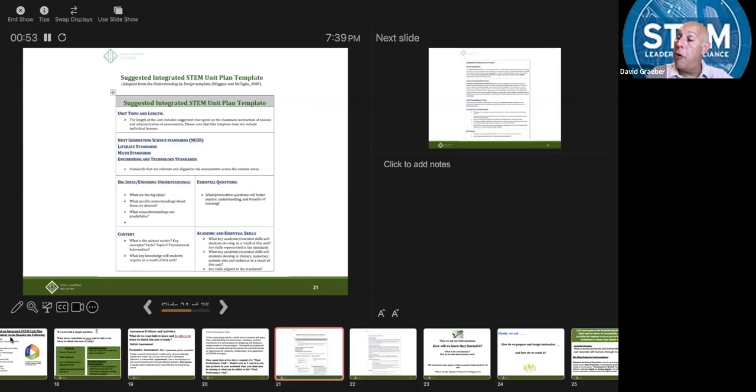So I urge you, if you don't have one, to adopt this template. It's a very powerful way to organize learning experiences for students, in particular around the interdisciplinary, right? Where you have to keep track of all different kinds of standards, and you have to put together all different kinds of ideas and thinking, and you're joining people who are teaching in different disciplines in one space. Organization is vital. Feedback on that process is vital.